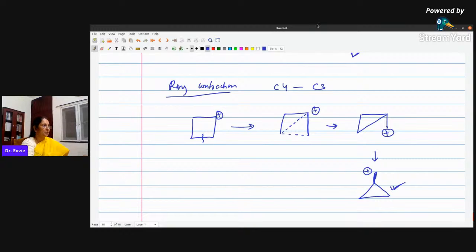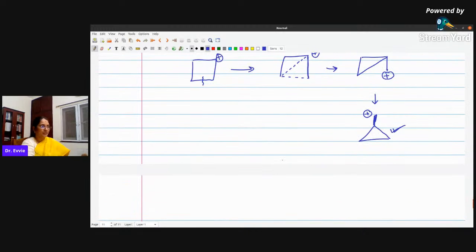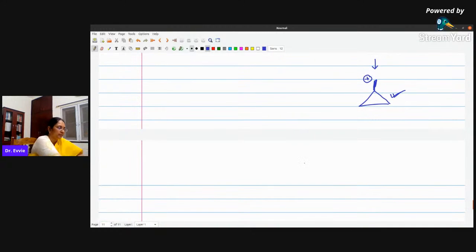Now let us do an example with respect to this. I've just shown you the mechanism, so let's do a question here. It will start only with a C4 species. Let me have a Br here. When I add aqueous AgNO3, let me not confuse you because you're not studying the reactions yet.